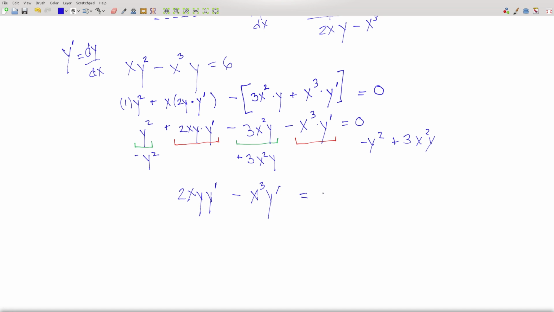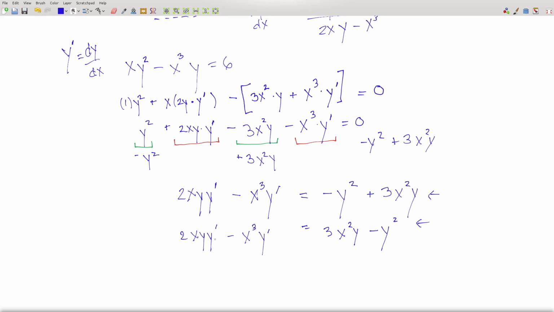This is equal to negative y squared plus 3x squared y. On the right-hand side, I don't like how it's starting off with a negative value. I'll just rearrange this as 3x squared y minus y squared. These are both the same thing. And over here, this is still 2xy y prime minus x cubed y prime.